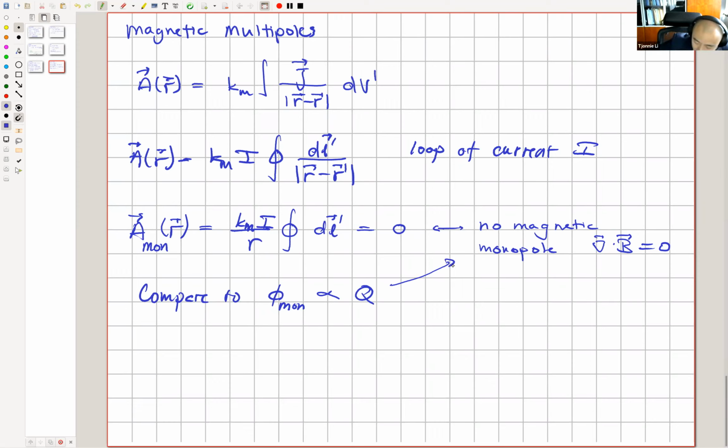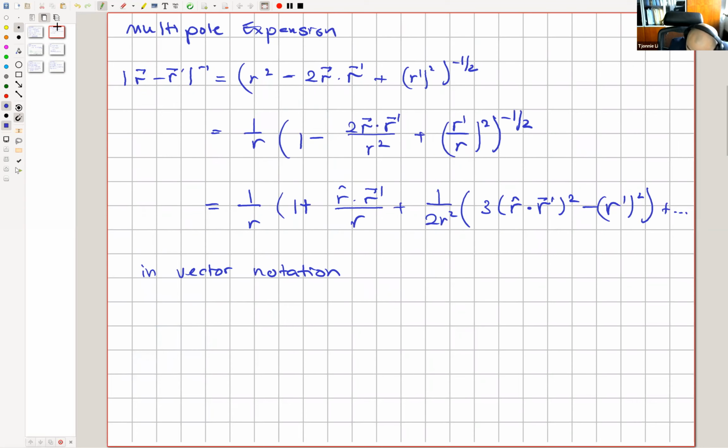Okay, what about the dipole moment? So this would be the lowest contribution for the vector potential. And so let's take a quick look again at what we expect. Put this here, nice in the middle. Now I'm looking at the second term. So this would be r hat dot r prime over r squared.